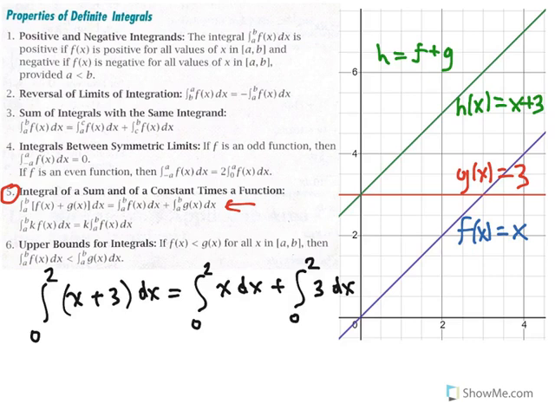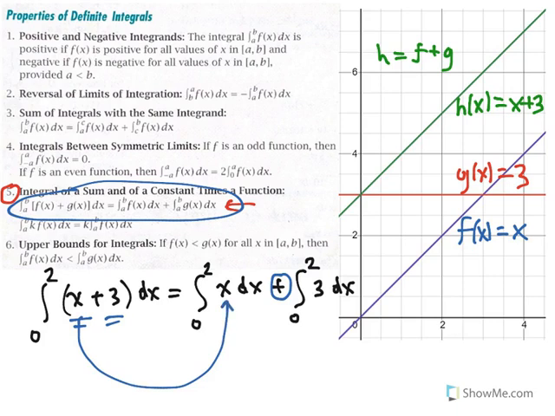This is also a very intuitive property. If you take a look at what we have here, we have the definite integral of the sum of the two functions f and g with respect to x on the interval from 0 to 2. And all this property states is you can write that as a sum of two definite integrals, where this would be our first function for the integrand, and this would be our second function for the integrand.